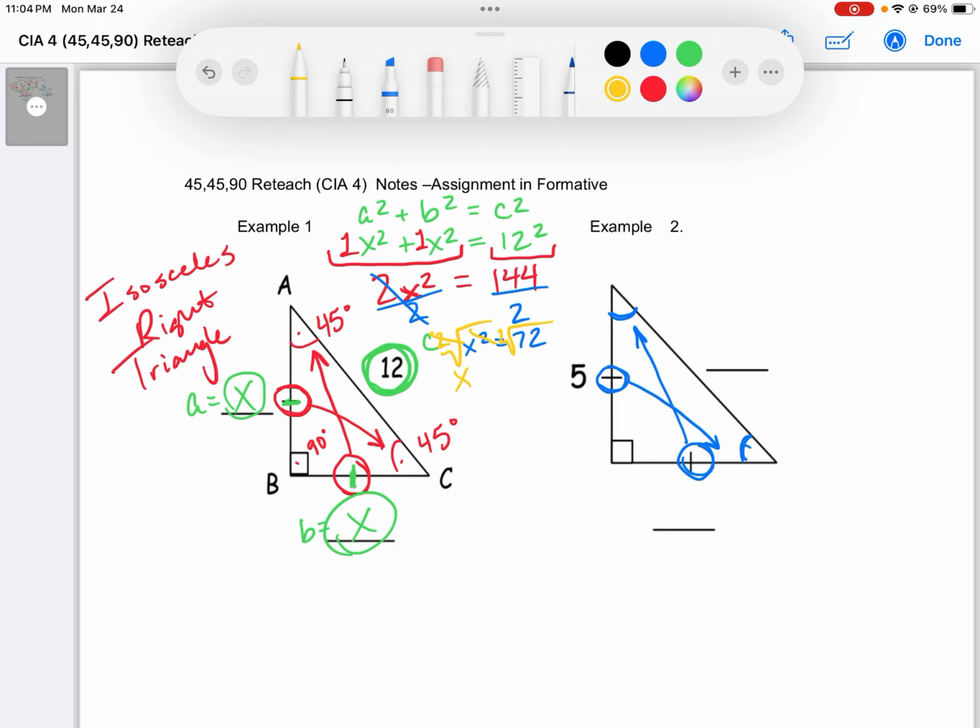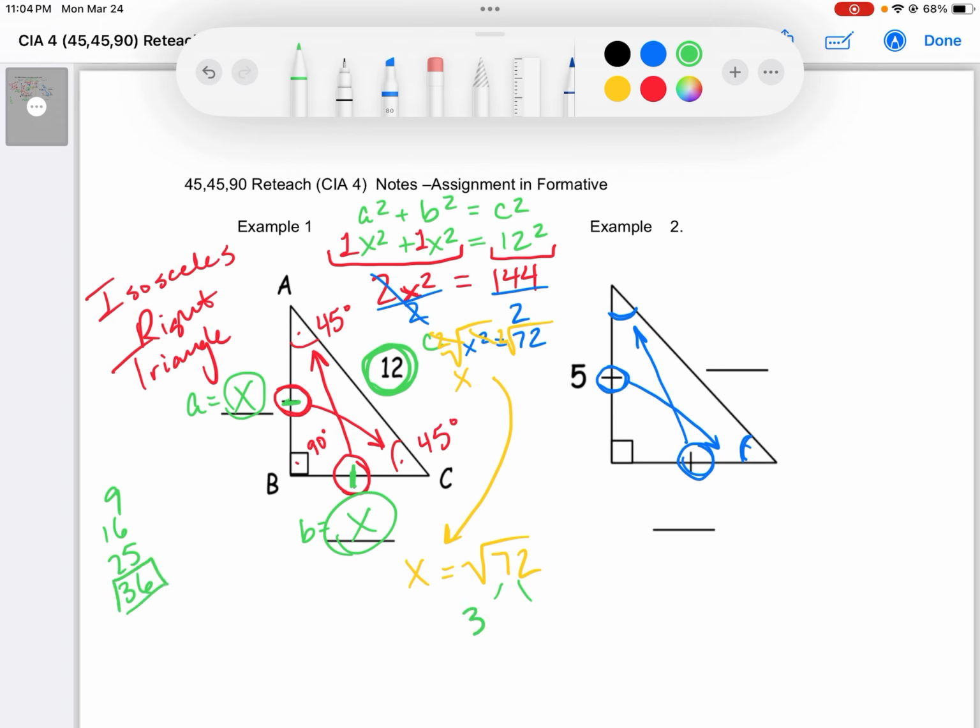Well, 72 is not a perfect square, so we would have to simplify the radical. I like to always try to find a perfect square. So you would ask, okay, what goes into 72? Does 9, does 16, does 25, does 36?